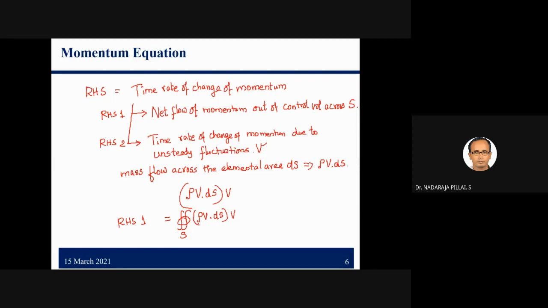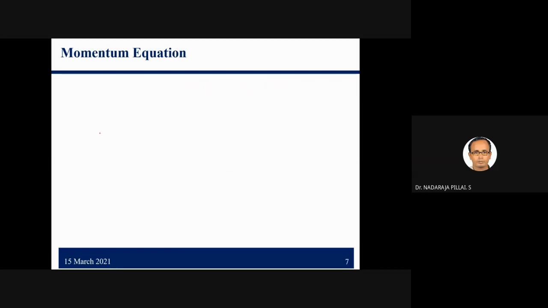Now, the time rate of change of momentum due to the unsteady fluctuation in volume V. So the second point is RHS2. So the momentum of fluid in the elemental volume.